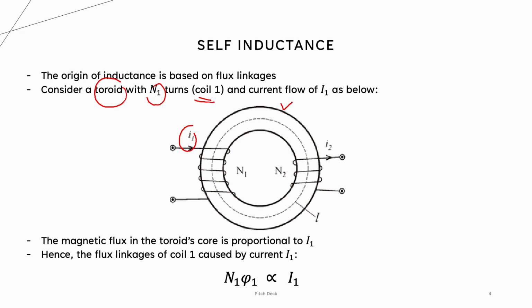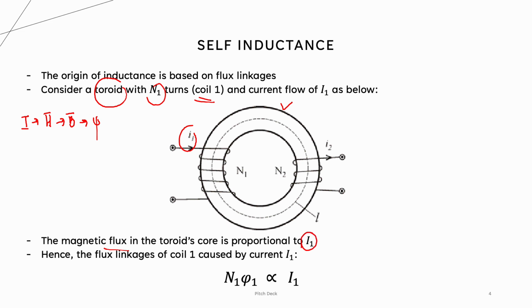Of course, when I1 is supplied, it will generate the H field, and from the H field, it will generate the B field, and from the B field, it will generate the flux. So the magnetic flux in the toroid's core is proportional to I1.